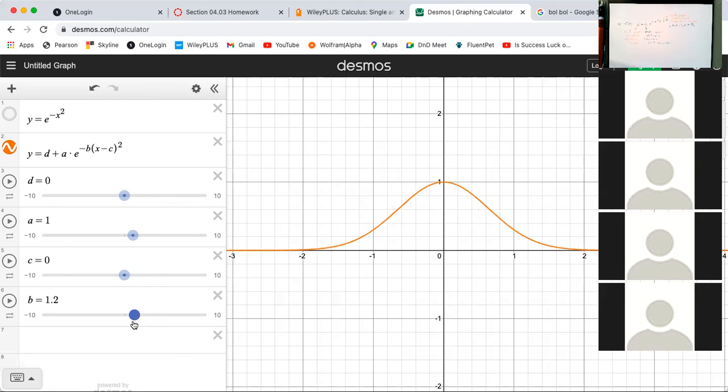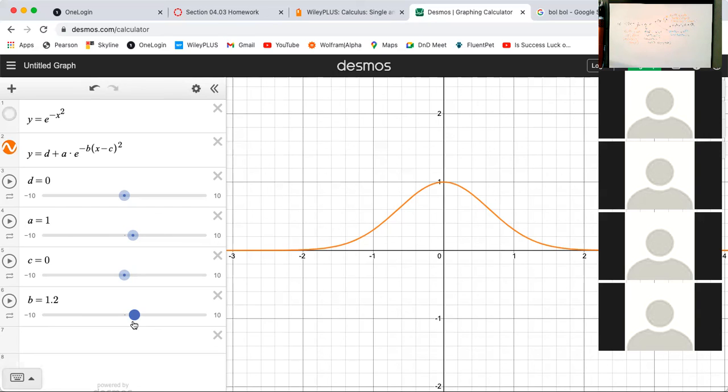So the value of B stretches the graph horizontally.